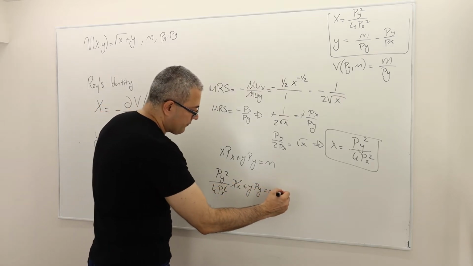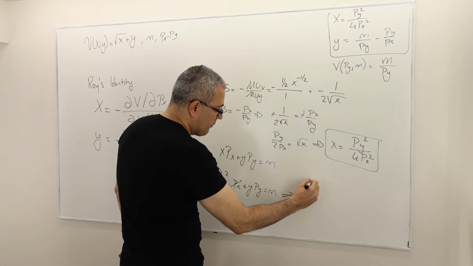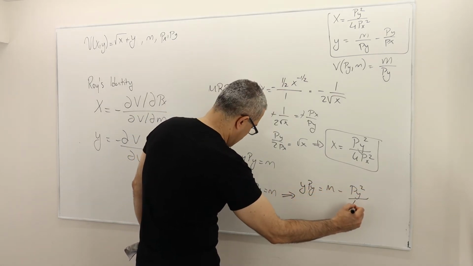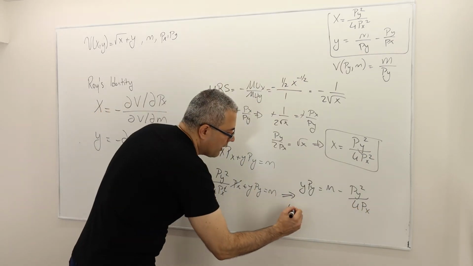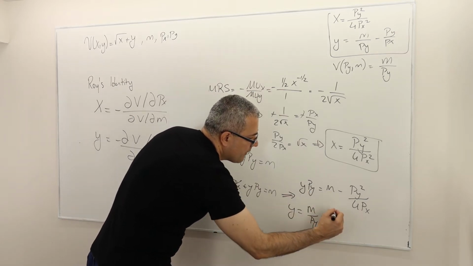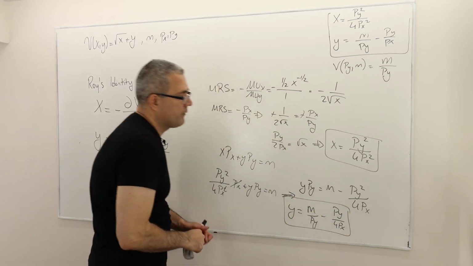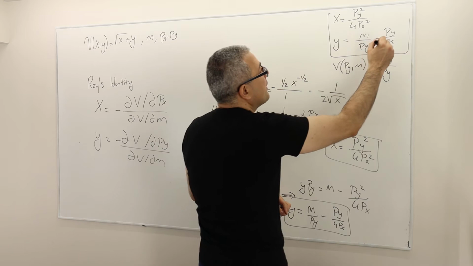So I send everything to the other side except YPY equals M minus PY squared divided by 4PX. So once I divide both sides by PY, Y is equal to M over PY minus PY over 4PX. Okay? So M over PY minus PY over 4PX.